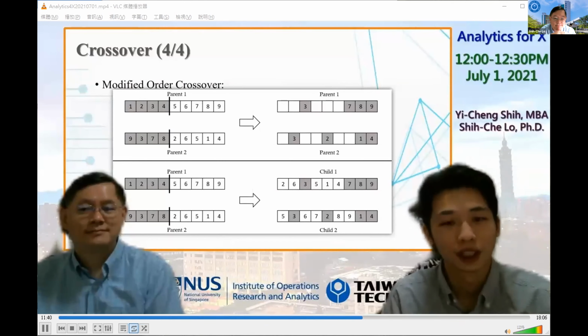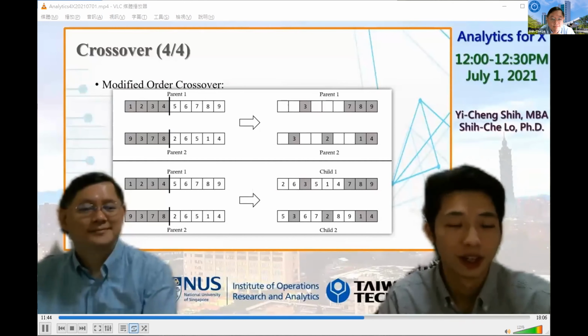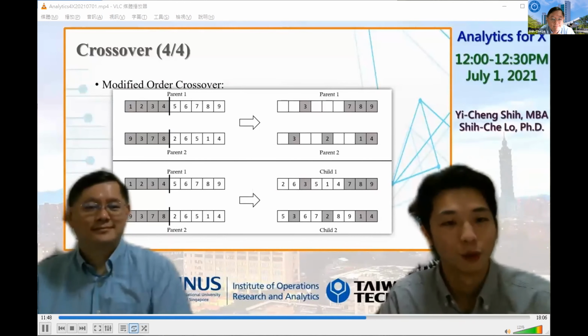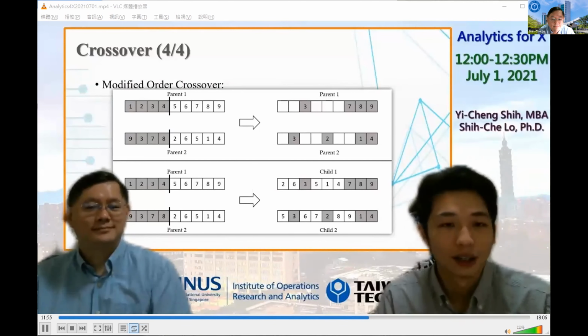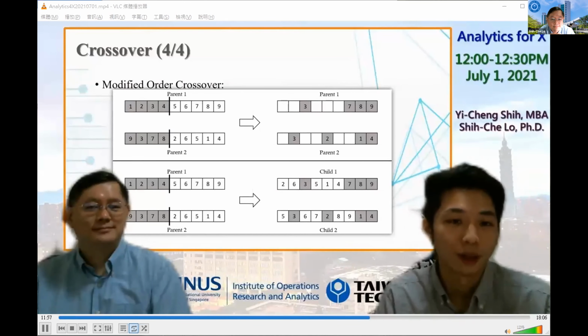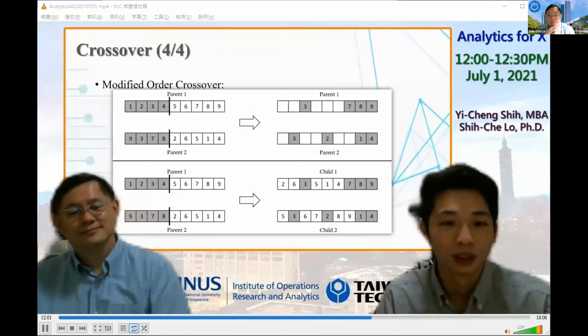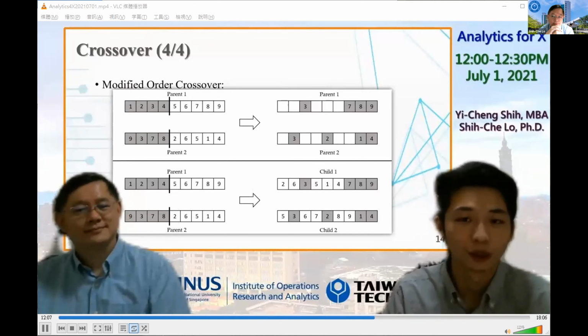For this example, parent 1 will preserve the elements that are mapped with the gray part of parent 2, 3, 7, and 8 and 9, and then fill in the white empty part with the white part of parent 2. So it will be like 2, 6, and 5, and 1, and 4. And we will get the offspring.